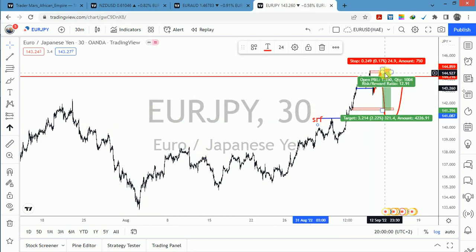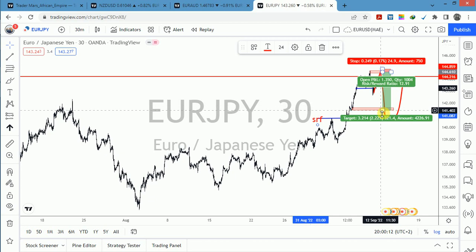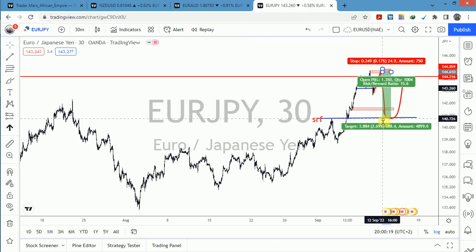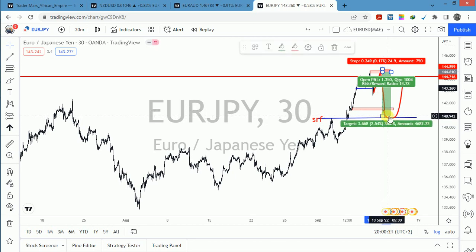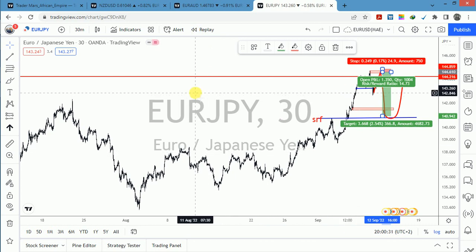So we take a trade there, we exit when you get to around 140.9. Our first take profit will be 141.4. Our second take profit will be 140.9, around that. That is around 350 pips. So yeah, we should be good when it comes to EURJPY. We are hoping to get more than 300 pips on that.